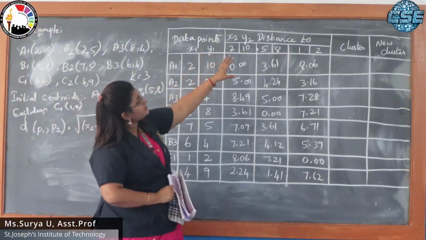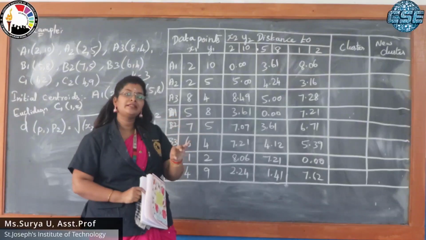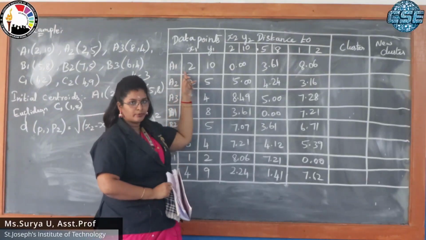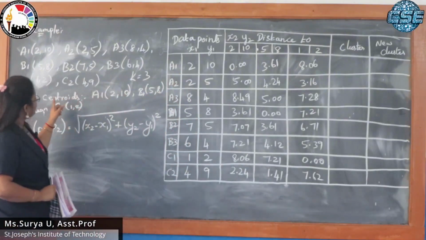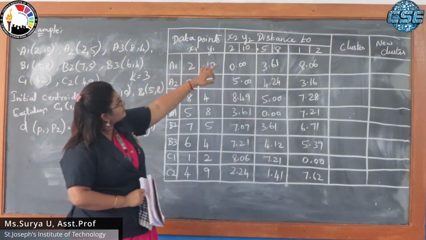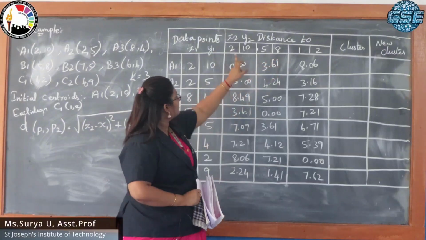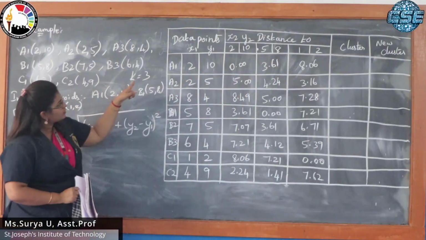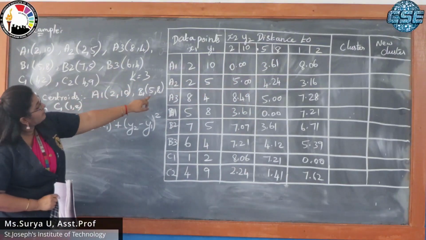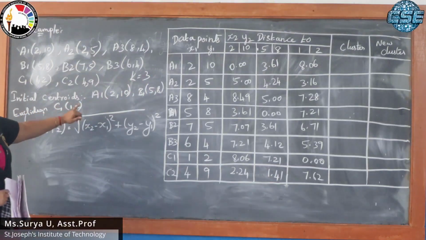The next one is distance. As I said, you have to find the distance between the centroid values and your data points. So what are my centroid values? These 3 are my centroids, so I have made these columns. A1 is 2, 10, the next one B1 is 5, 8, and C1 is 1, 2.